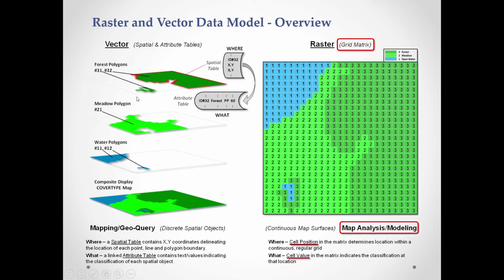By compositing all these three polygons, the composite display is presented here. And here the square boxes are used for representing the water body, the forest area, and the agricultural field.